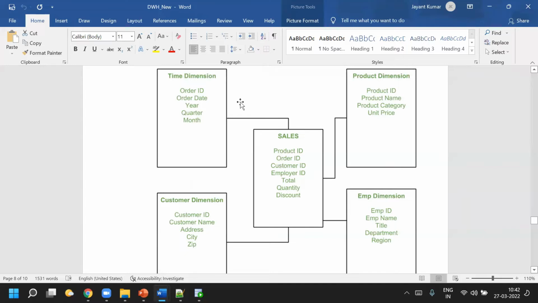Above we have the time dimension, product dimension, employee dimension, and customer dimension. From these, the order ID, product ID, employee ID, and customer ID will go to the fact table, and the total quantity and discount will be calculated based on all these details. These are all columns in the fact sales table. This is how a star schema looks.